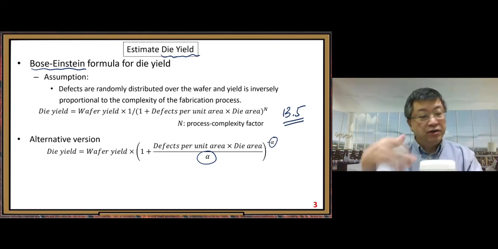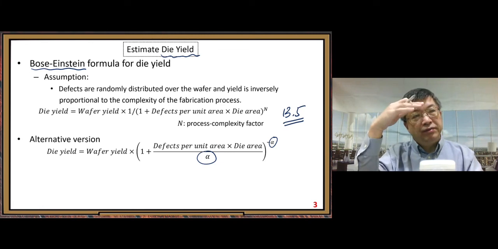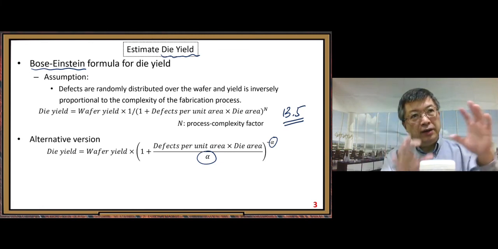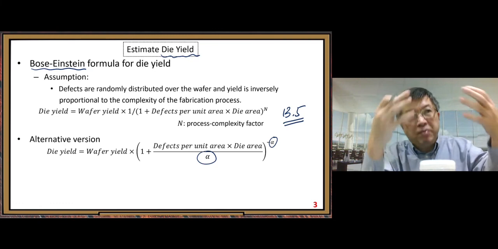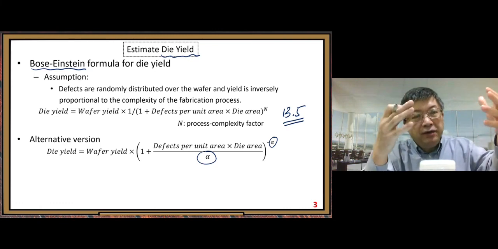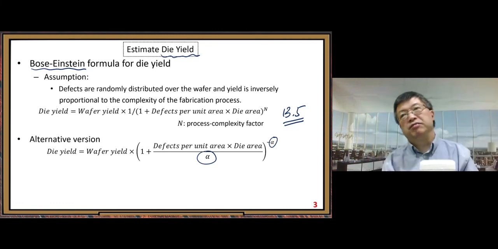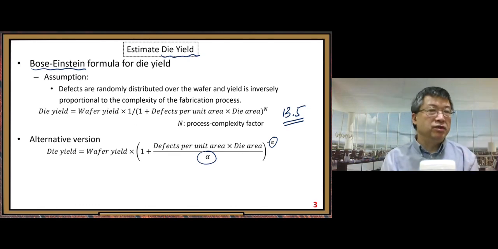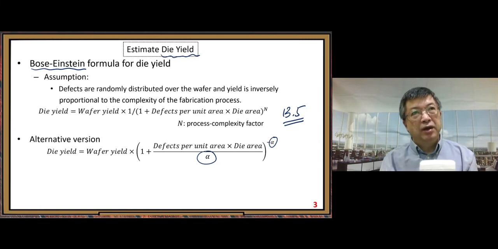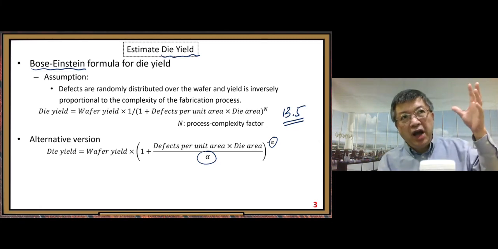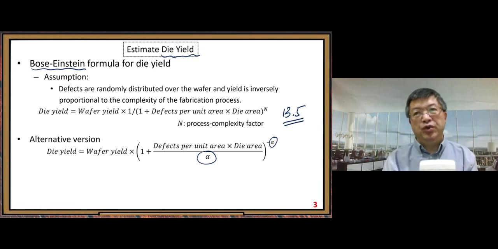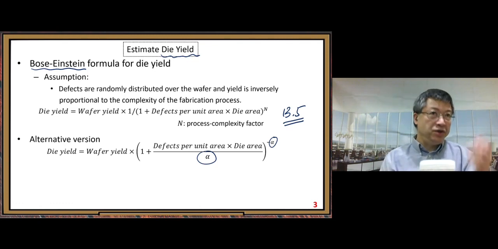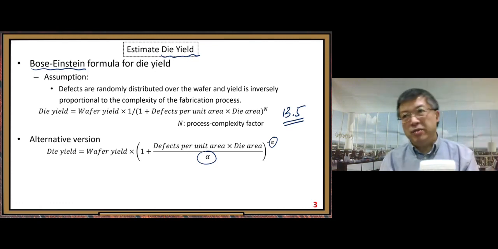You can see these two formulas are quite different, but they approximate die yield in different ways. Because they are empirical formulas, they may not be very precise, but to some extent close to the real numbers, because you use them to estimate die yield.